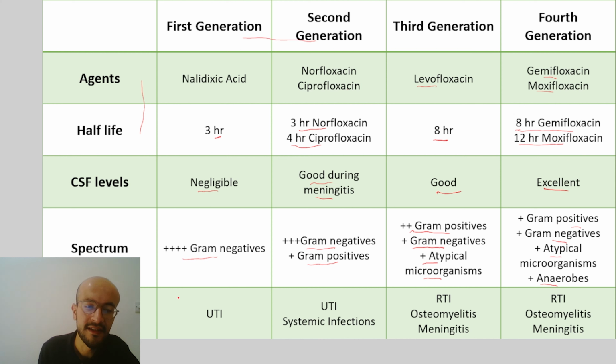Regarding the uses, the first generation is used exclusively to treat urinary tract infections. The second generation is used for UTIs and systemic infections caused by gram-negatives. The third generation is used for respiratory tract infections, osteomyelitis, and meningitis, and the same for the fourth generation.